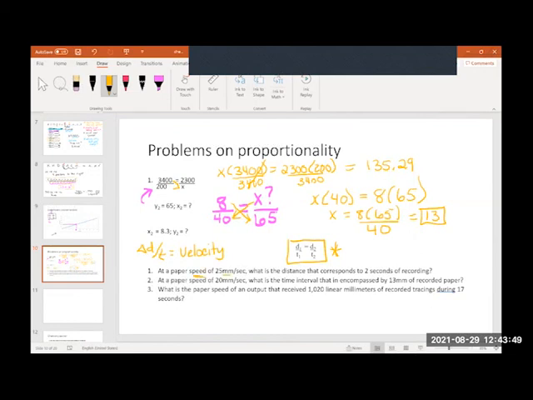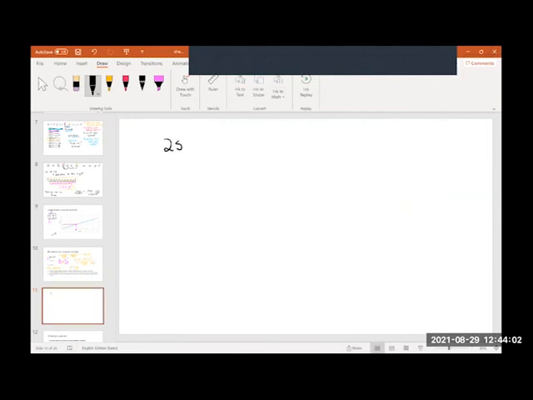So here we have our distance, millimeters, over time, seconds. So we want to know if we have a paper speed of 25 millimeters per second, how far will we go if we travel for 2 seconds in time?